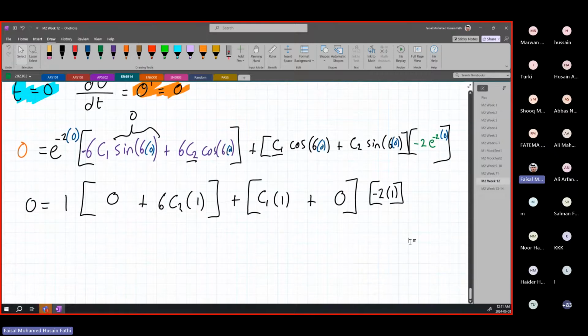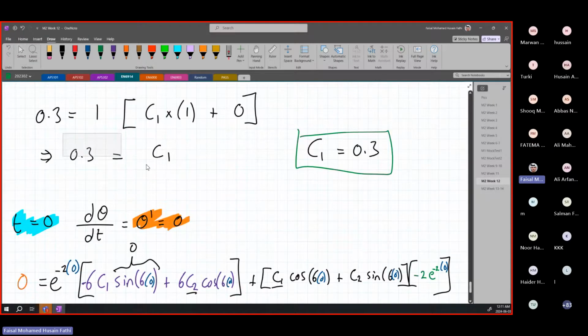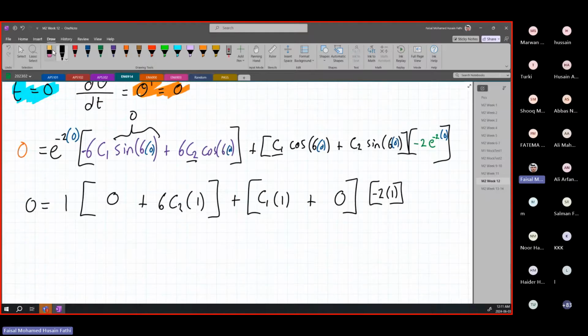All right. Let's simplify now and solve. We have already found the value for C1 earlier, which is 0.3. So we can substitute the C1 value here as 0.3. All right? This is just the C1 value. So 0 is equal to, let's make this a bit cleaner.